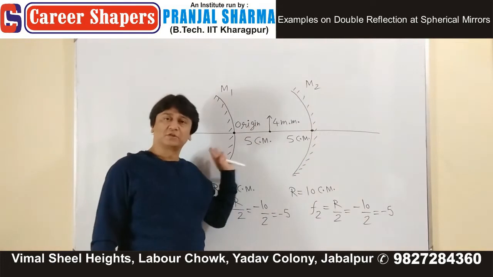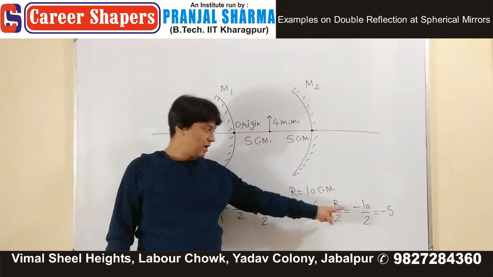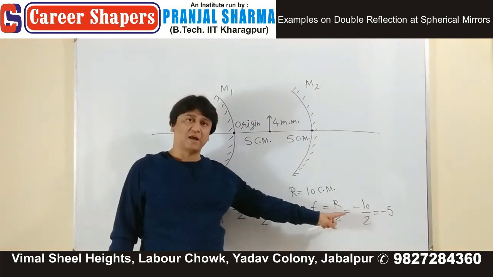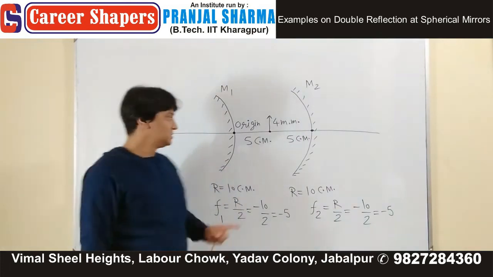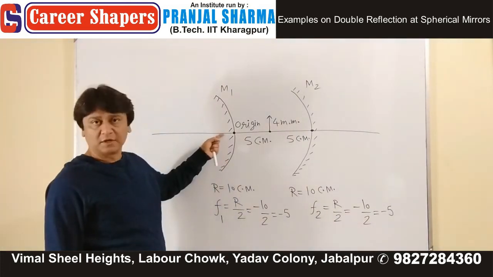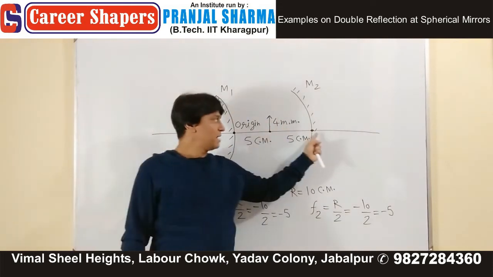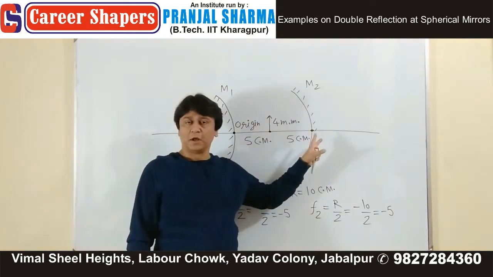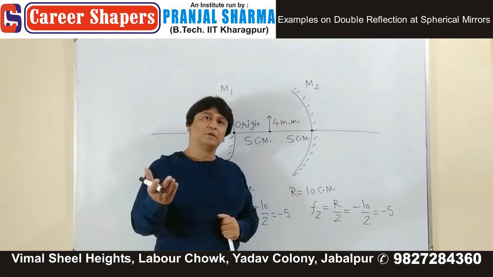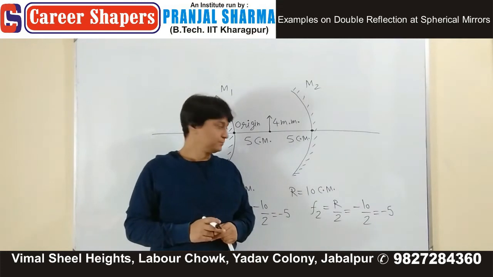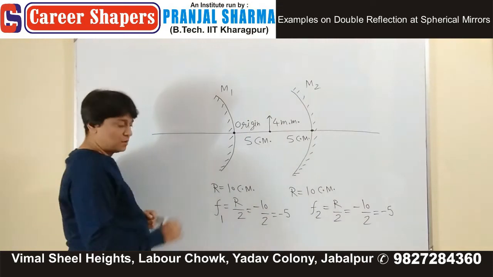Both mirrors, one is convex and the other one is concave, but you can see that they have same focal length, -5, -5. What you need to remember is when you are dealing with this mirror, its pole is the origin. When you are dealing with M2, its pole is the origin. And then always take care of plus and minus sign as you do with X and Y axis system. So, this is your focal length.